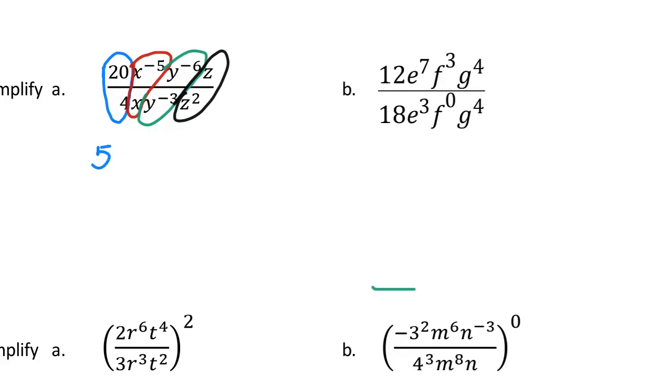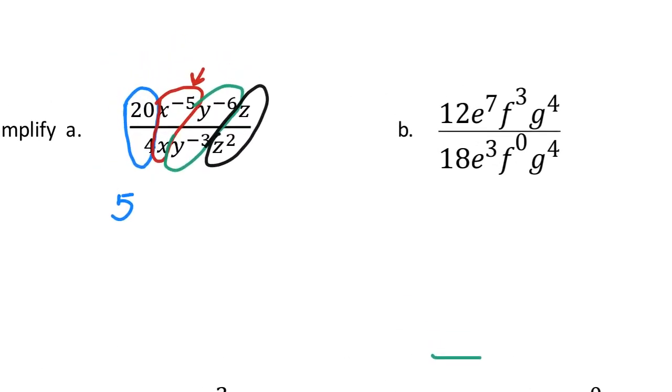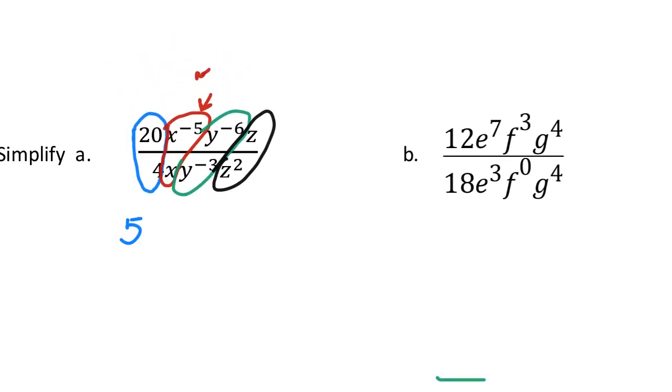So this next one says x to the negative fifth. When you have a negative exponent, you need to move that to the other part of your fraction.